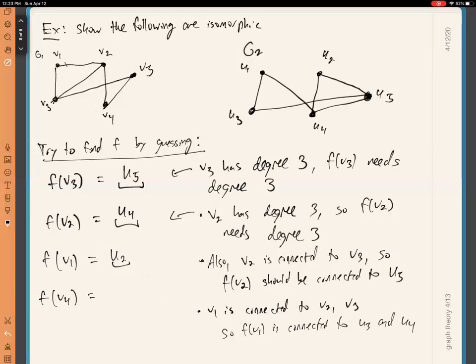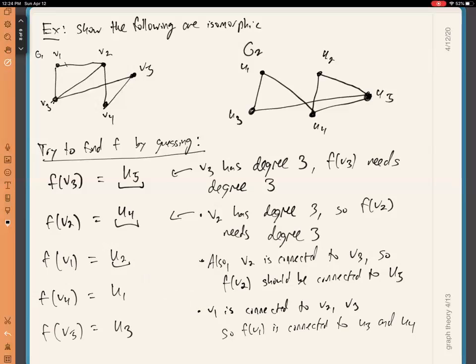In particular, v4 is connected to v2, so f of v4 has to be connected to u4, and so f of v4 can be either u1, u2, or u5, but u2 and u5 are already taken. Remember, we need this function to be a bijection, so this has to be u1. And then finally, now that we know f of v4, v1, v2, and v3, there's only one choice left for f of v5, so the only thing left is u3.